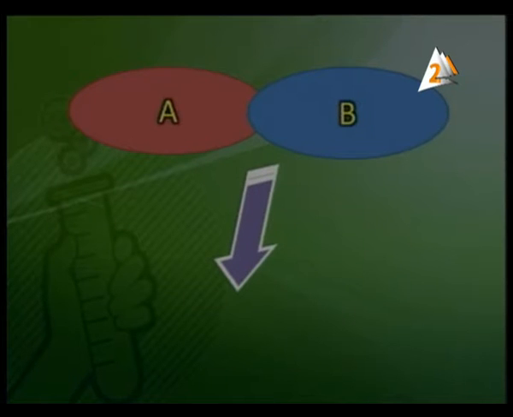Another one: if I have a compound made of elements A and B, and I want to decompose it, can I do that? Yes, it can be decomposed into element A alone and element B alone.